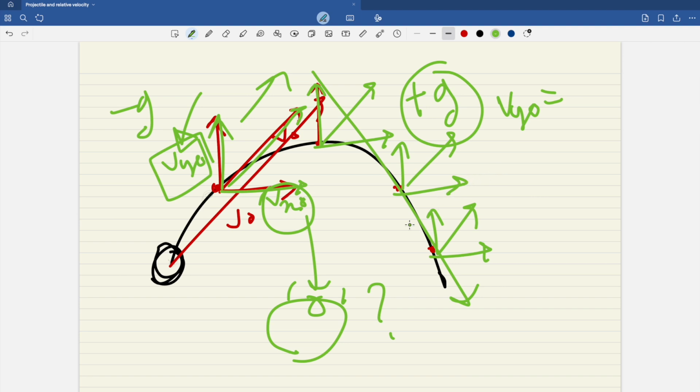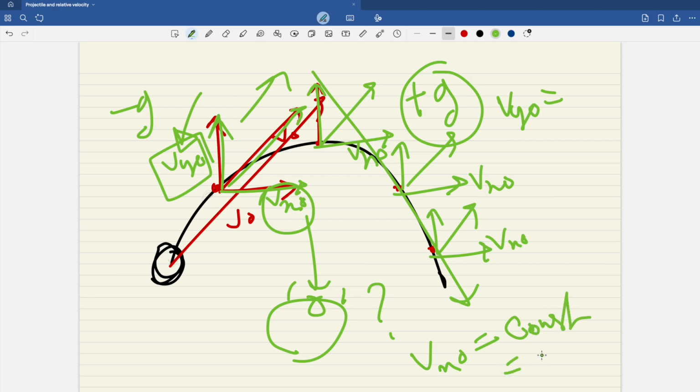It is equated to a constant value which never changes. So this is Vx naught, this is Vx naught, and Vx naught at every point is a constant value.